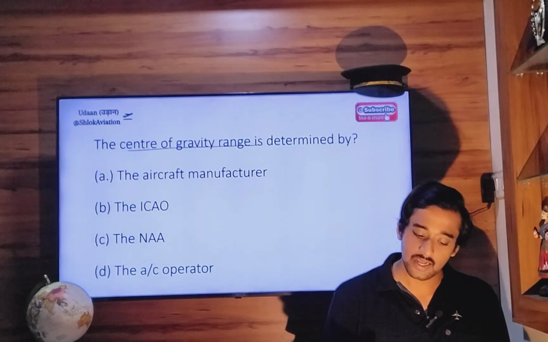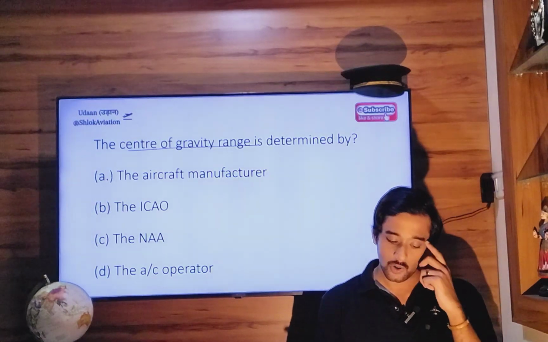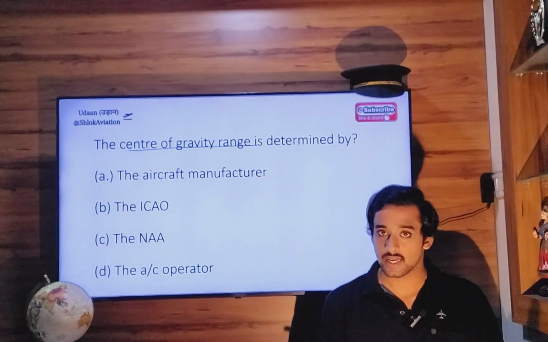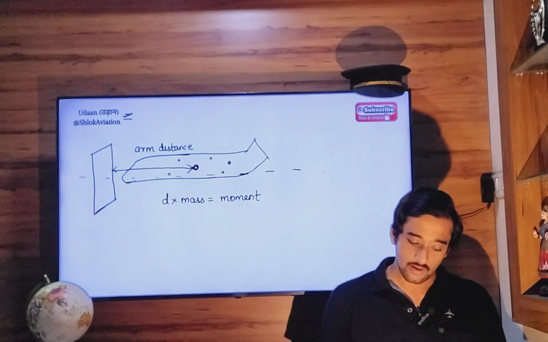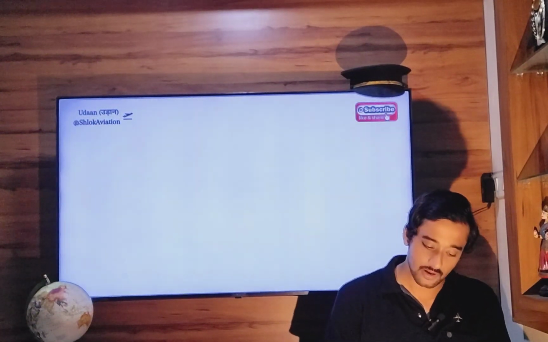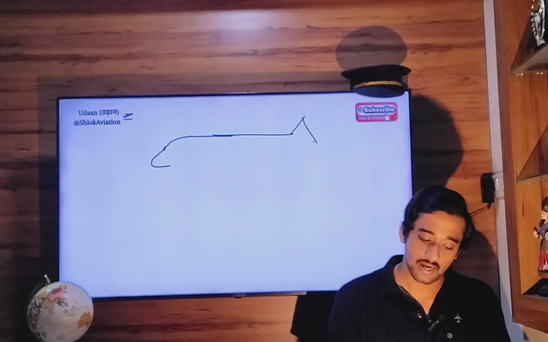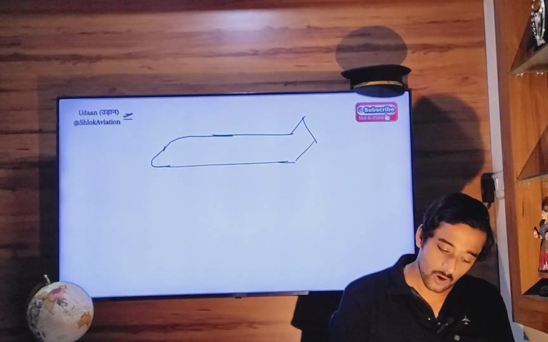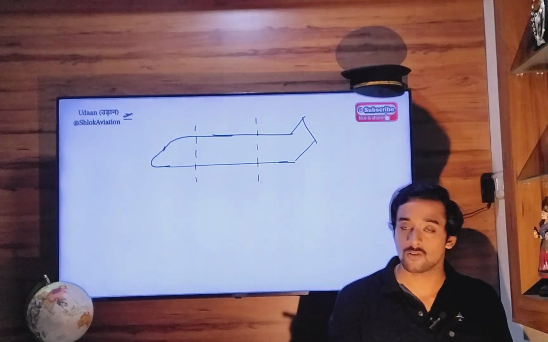The center of gravity range is determined by whom? Manufacturer, ICAO, aircraft operator, National Aviation Agency like DGCA, whatever. So the correct answer is option A. Now this is your aircraft. There are two important points related to this. The manufacturer of this aircraft will specify the forward limit of CG and the rearward limit of CG.